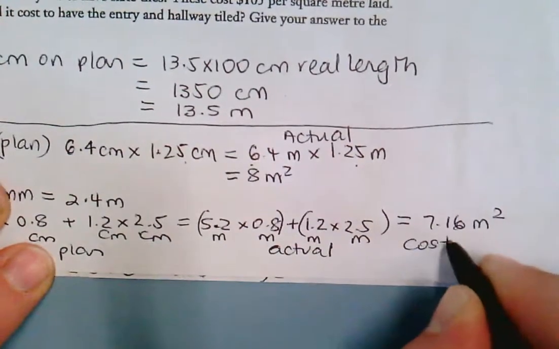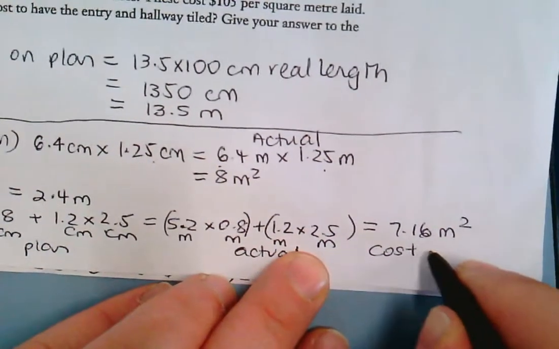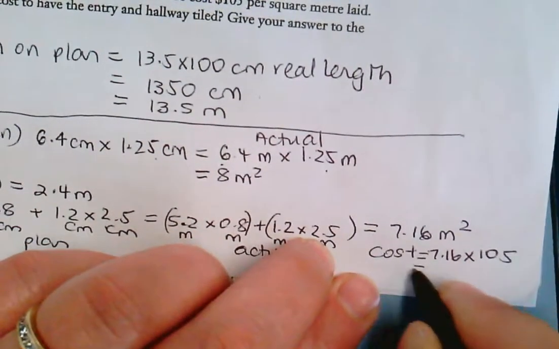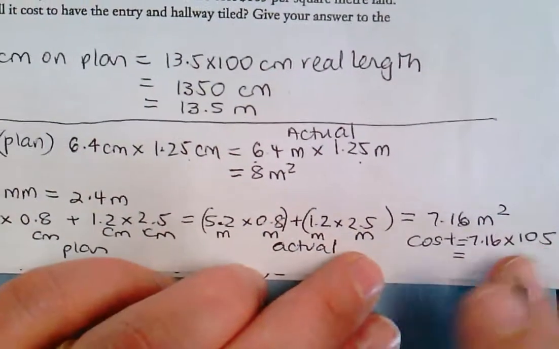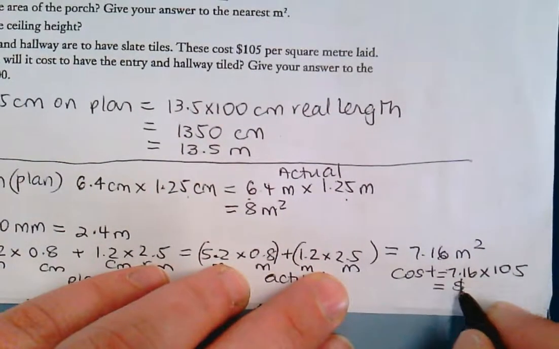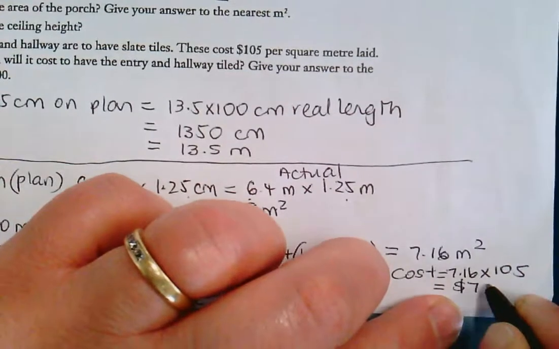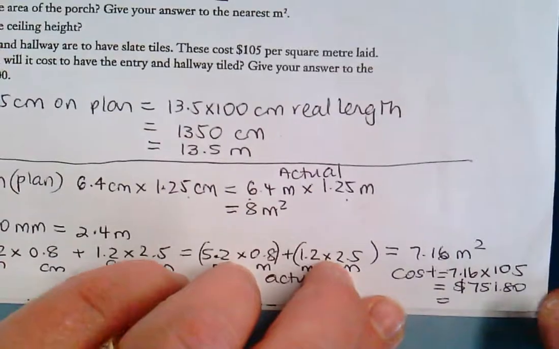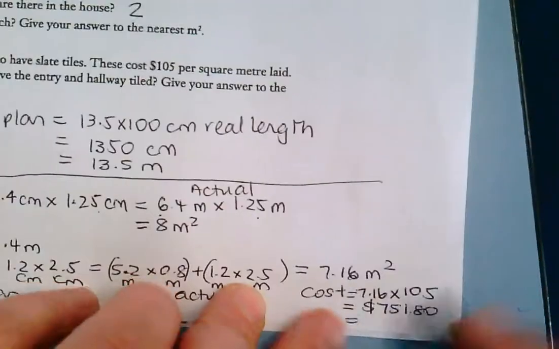So the cost is 7.16 times 105, which equals $751.80. So to the nearest $100, $800.